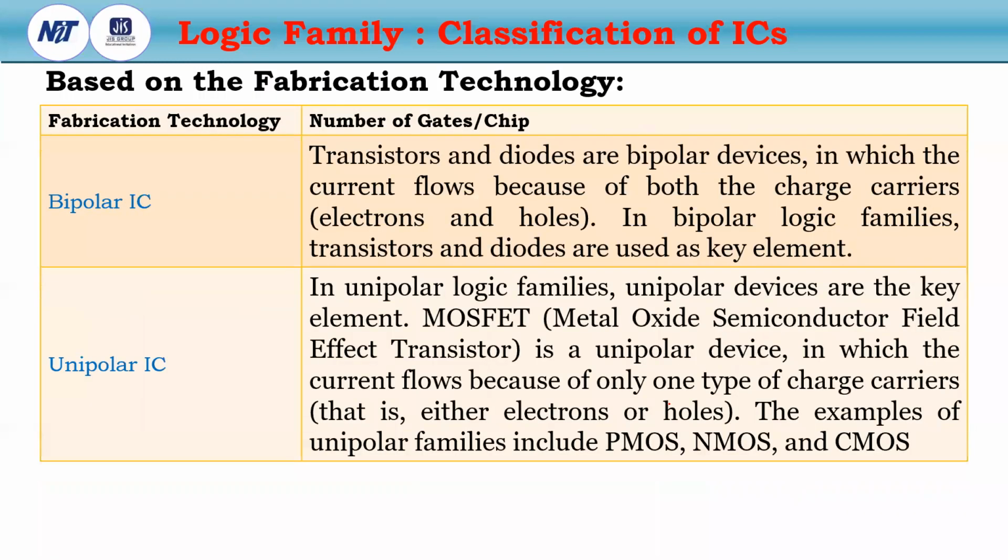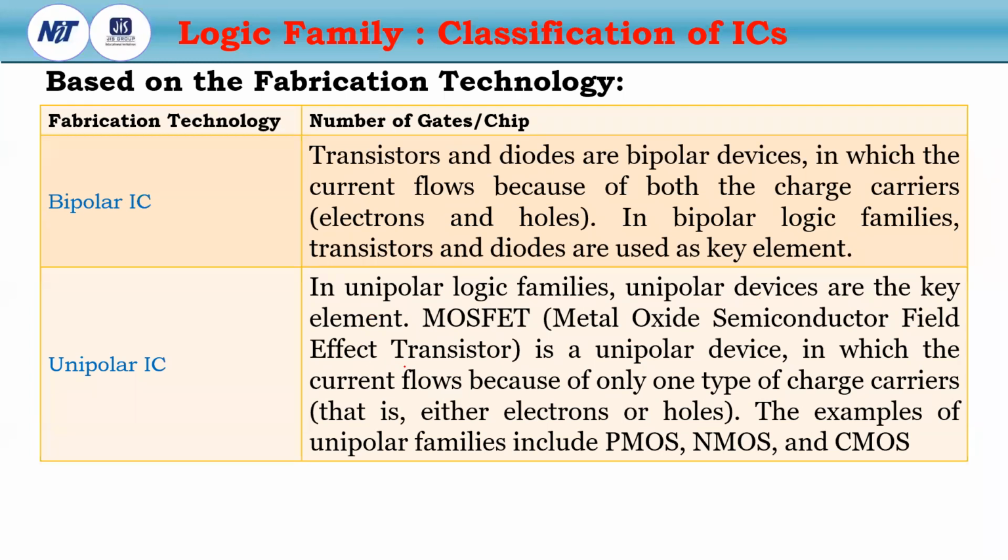Another classification is the fabrication technology: bipolar IC and unipolar IC. Transistors and diodes are bipolar devices, in which current flows because of both charge carriers, electrons and holes. In the bipolar logic families, transistors and diodes are the key elements to produce the ICs.